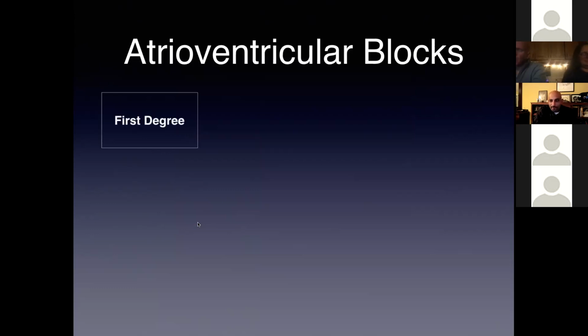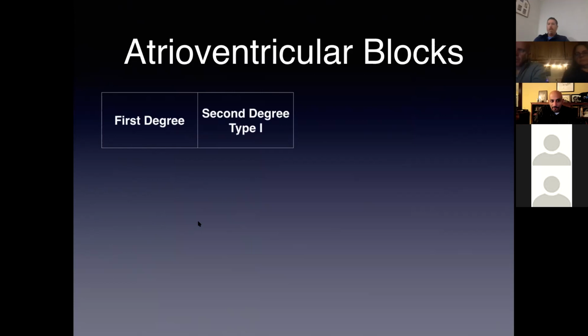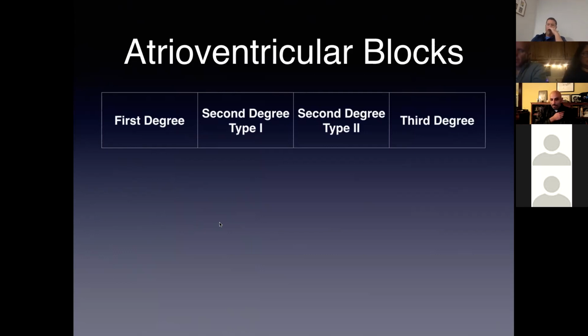So we call them 3 degrees of block, but there's actually 4 different categories of AV block, right? 1st degree block, 2nd degree type 1, 2nd degree type 2, and 3rd degree block. These are blocks that happen at the AV node. We said that the AV node's job is to slow things down a little bit, put a little pause in there so that the atria can finish doing their thing before the ventricles contract.